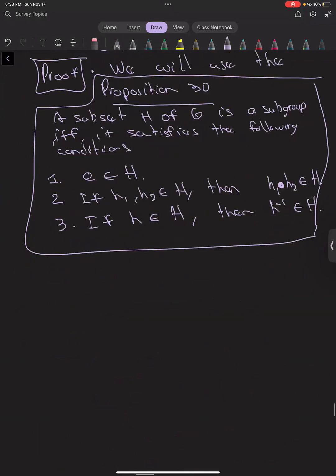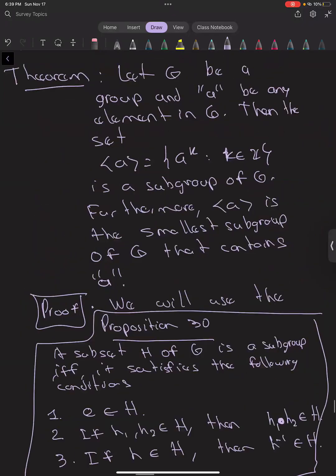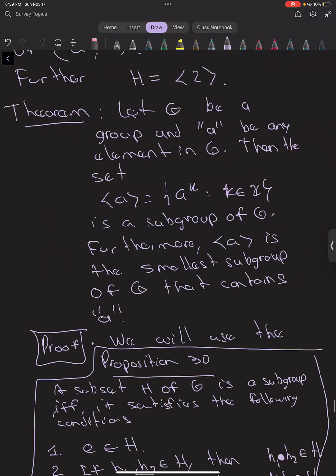So we need to prove that the identity belongs to H. Since 0 belongs to the integers, a to the 0 is equal to the identity.